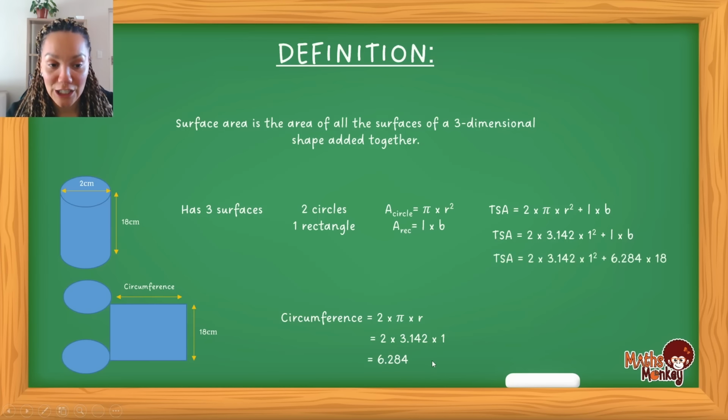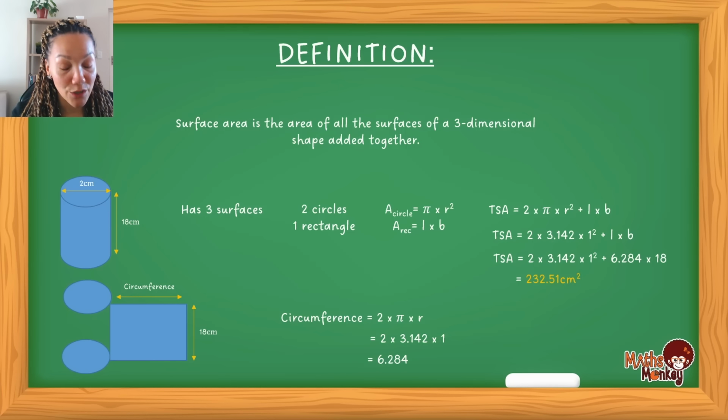Now we can actually calculate the area. This is the area of the 2 circles plus length, which is now my circumference, times breadth, which is my 18. So the total surface area of this cylinder is 232.51 centimeters squared.